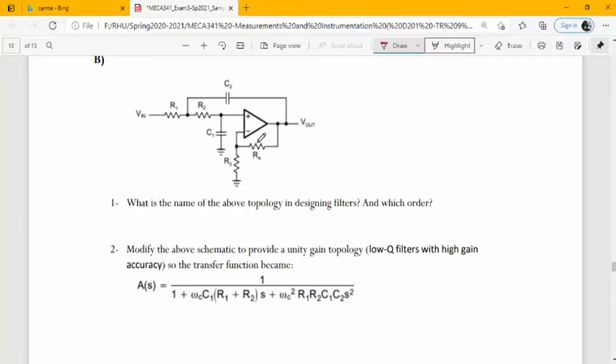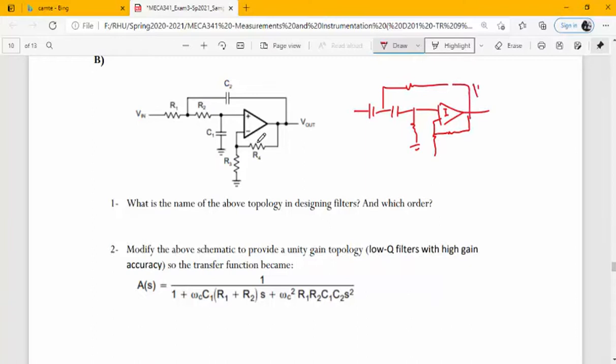Of course, we discussed this inside the classroom, and we said that this topology is called the Sallen-Key topology low pass filter. Why is it a low pass filter? Because we have capacitors there and those two resistors. Now if we switch those two resistors with the capacitors, two capacitors and a resistor and resistor instead, this would be a high pass.